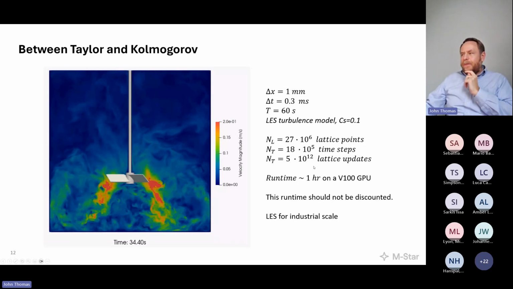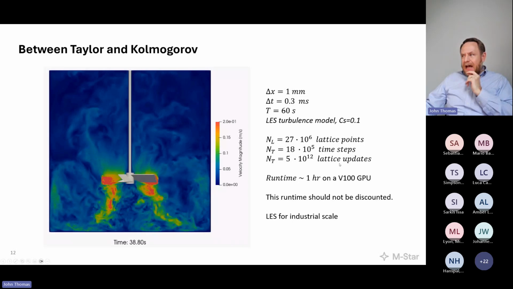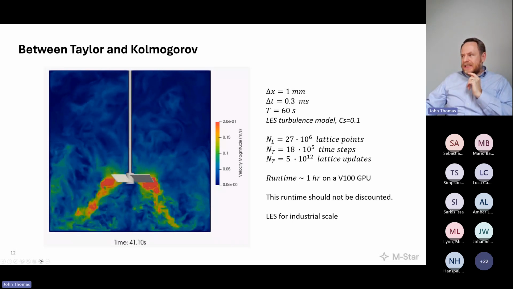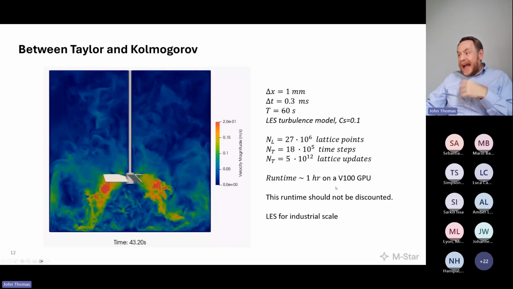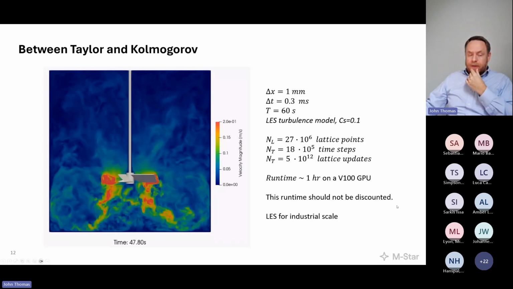That requires about 5 trillion lattice updates, that is, lattice points times time steps, and it takes about an hour on one V100. It takes far less on an A100, about half that.